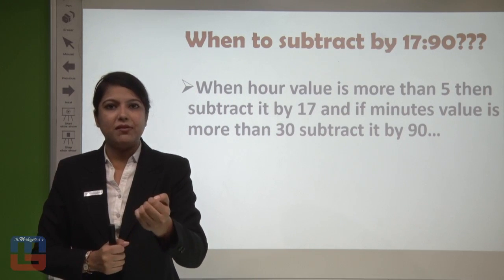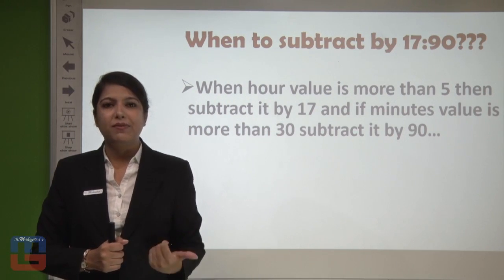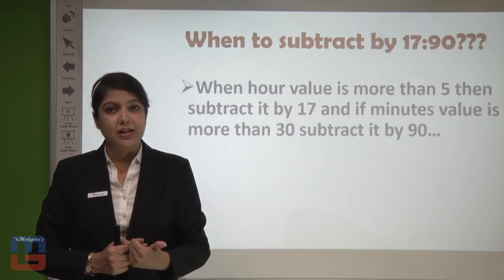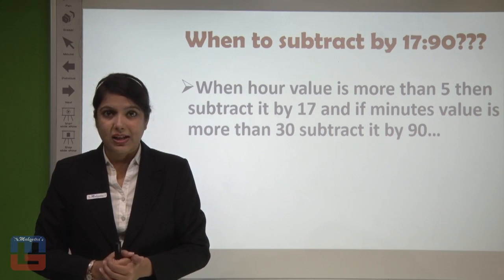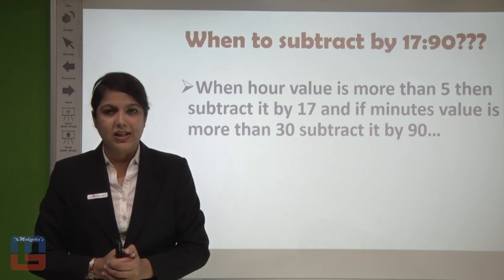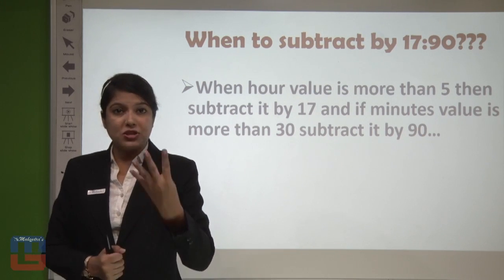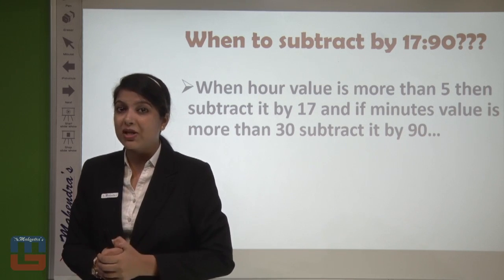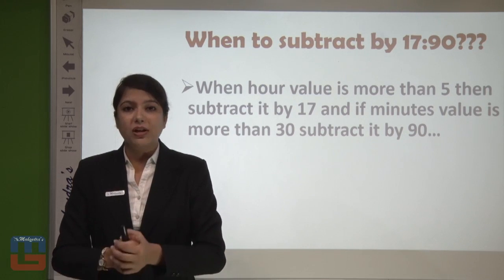That means if the hour value is less than 5, the subtraction will be from 5. If it is more than 5, the subtraction will be from 17. Minute value less than 30, subtraction from 30. Minute value more than 30, subtraction from 90. So just remember these values, 5:30 and 17:90, to be used for subtraction to get the water image.